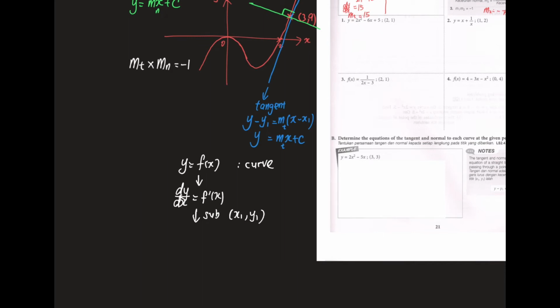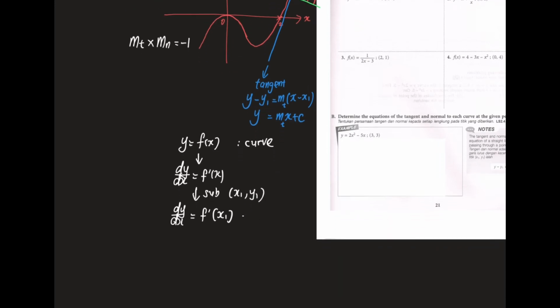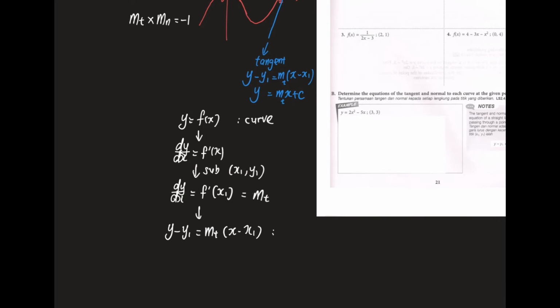Basically, we just put x1 inside. dy over dx equals f prime, substitute x1 into your x, and this is equal to the gradient of tangent. And then you use y minus y1 equals gradient of tangent times x minus x1, and then you get the equation of tangent.